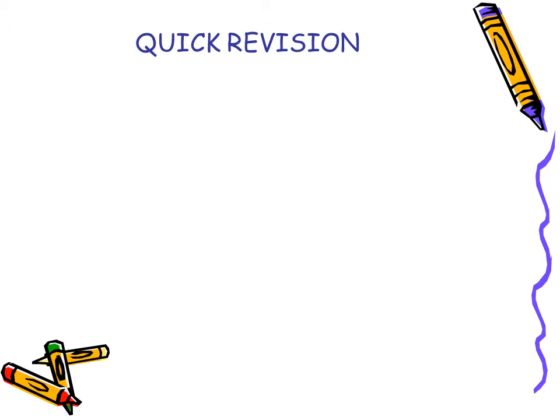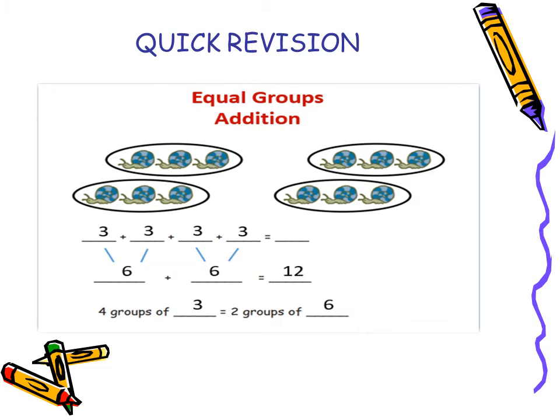We will first have a quick revision of what we have already learned in our previous classes. In our last class, we learned equal group addition, which in our books is called adding equal groups.